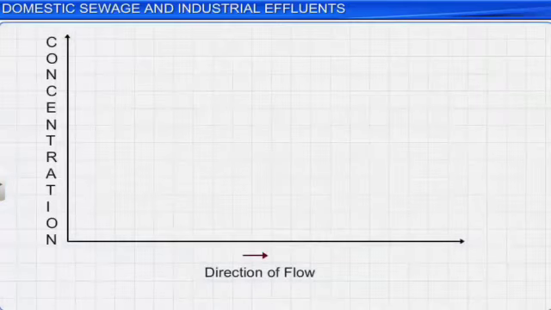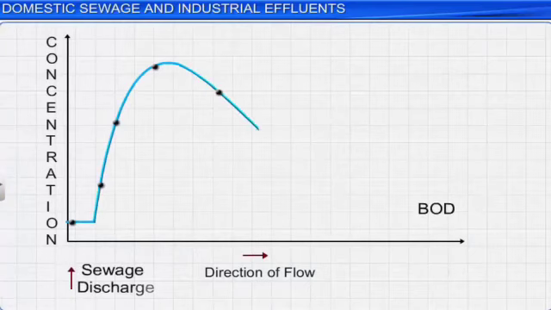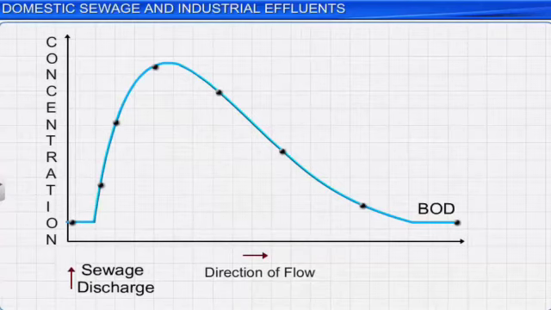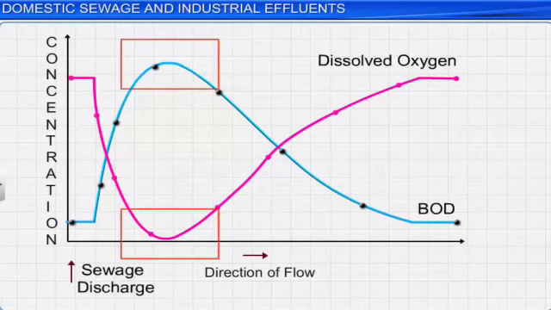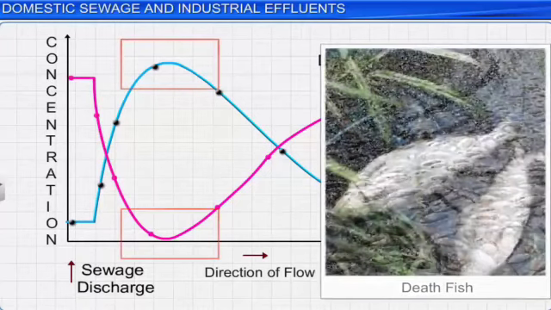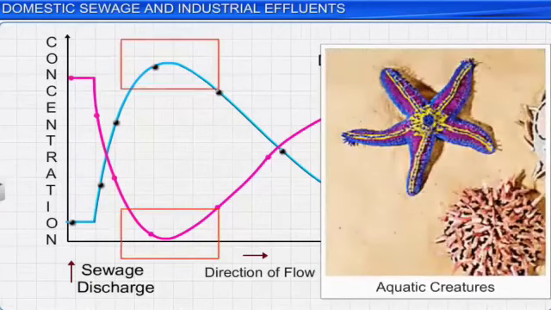The concentration of BOD in the sewage water discharged into the water is high. A high concentration of BOD automatically translates into low amounts of dissolved oxygen or DO, as depicted in this graph. High BOD and low DO ultimately cause the death of fish and other aquatic creatures.